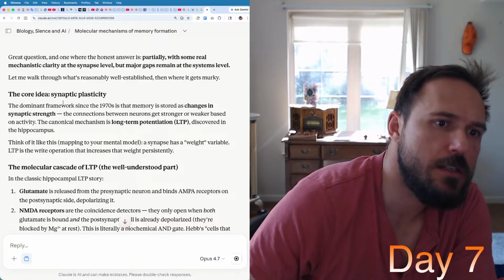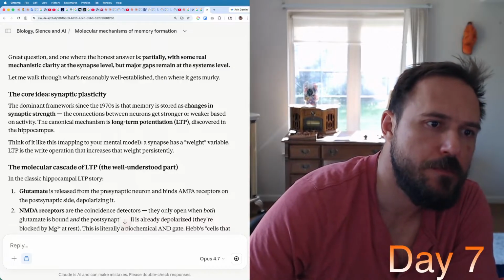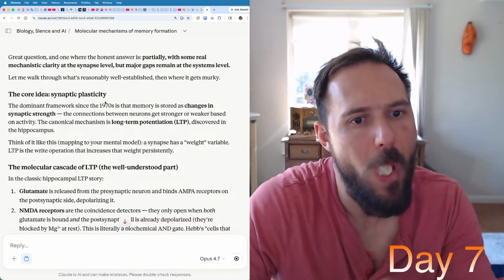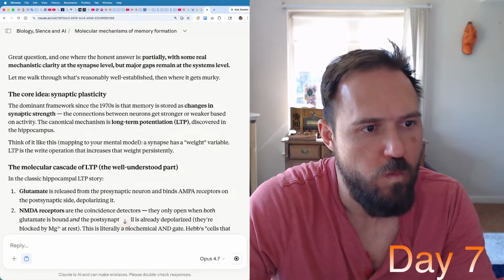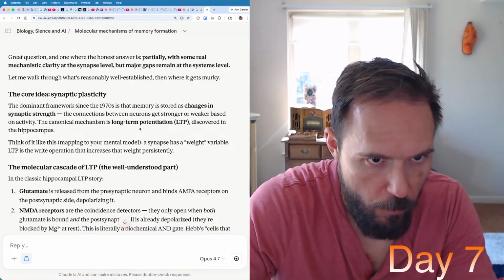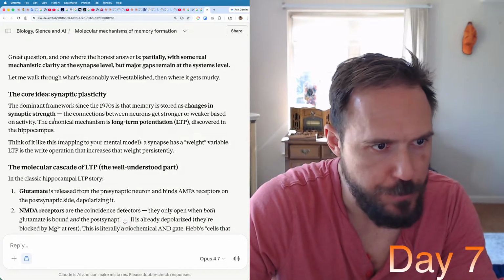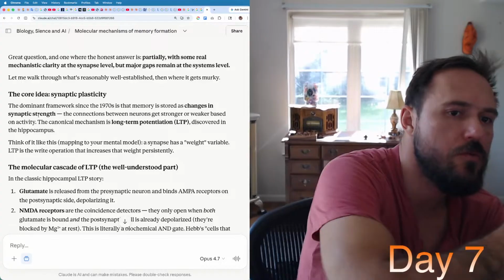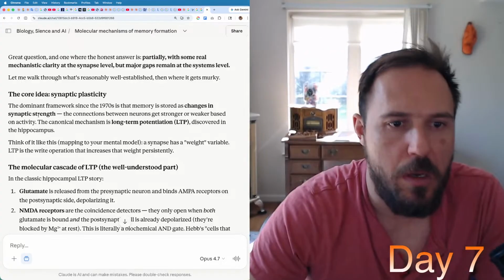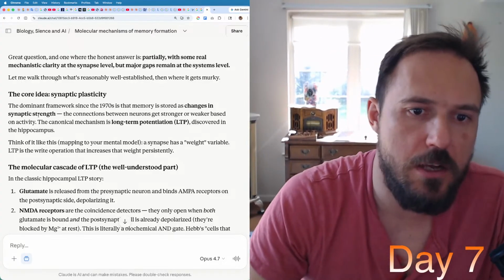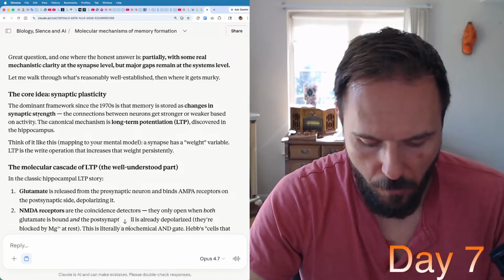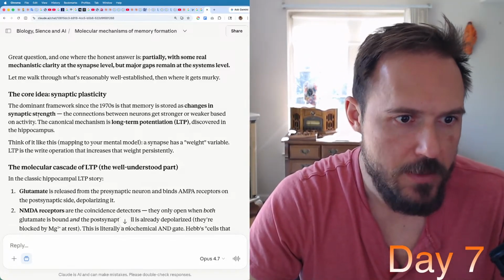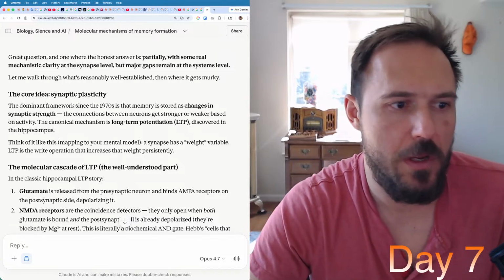The core idea is synaptic plasticity. So the first idea, in the 1970s, was that memory is stored in how strong the connection is. The connections between neurons get stronger or weaker based on activity.